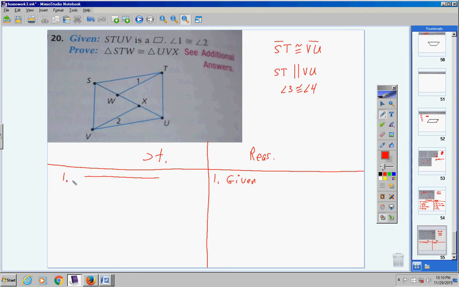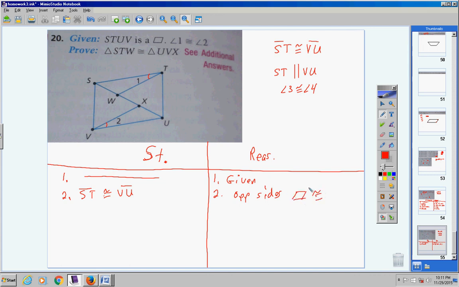Watch. Here's my given. Got it? In my given, I have 1 congruent to 2, so mark that. 1 congruent to 2. Okay, next I'm going to state that ST is congruent to VU. And I can do that because I have opposite sides of a parallelogram are congruent.